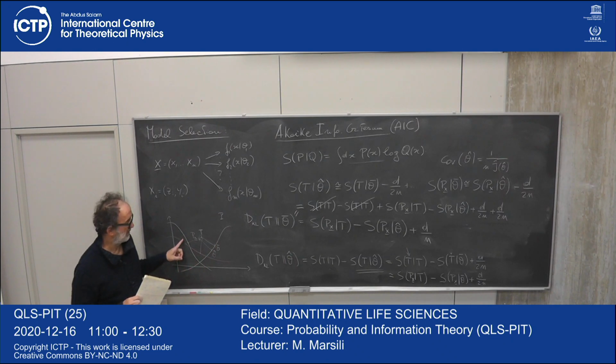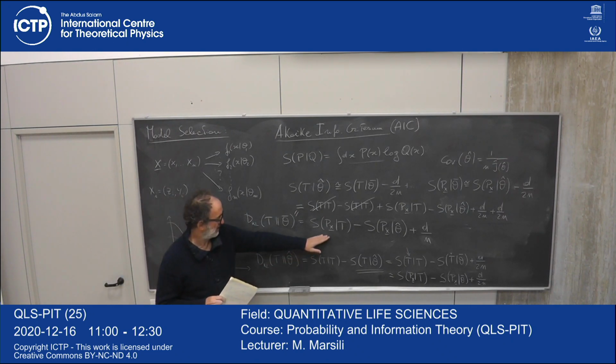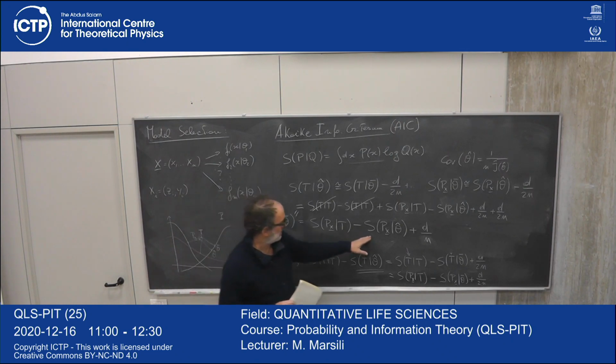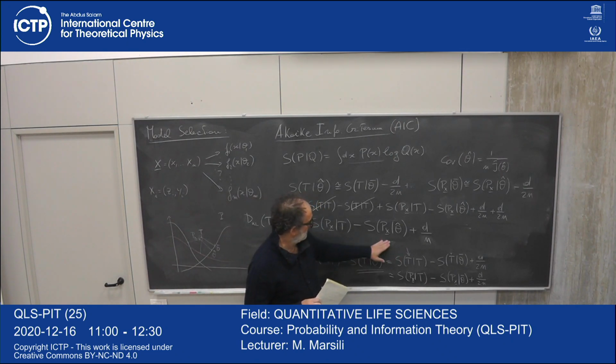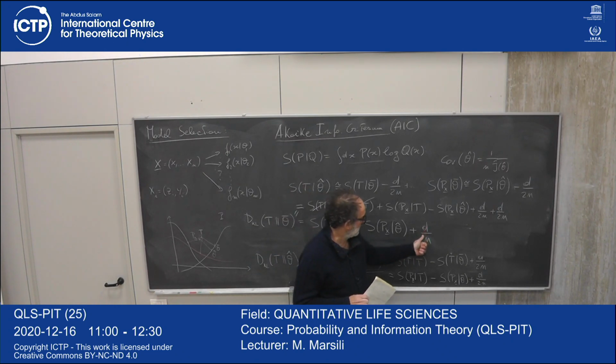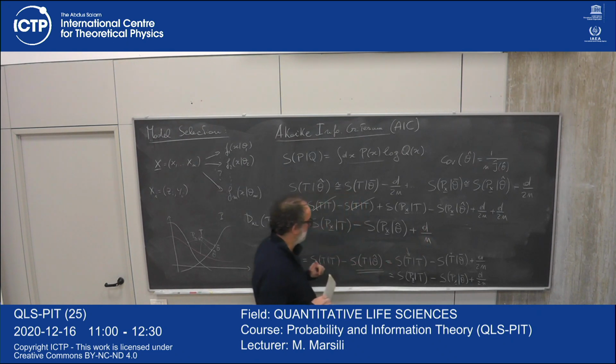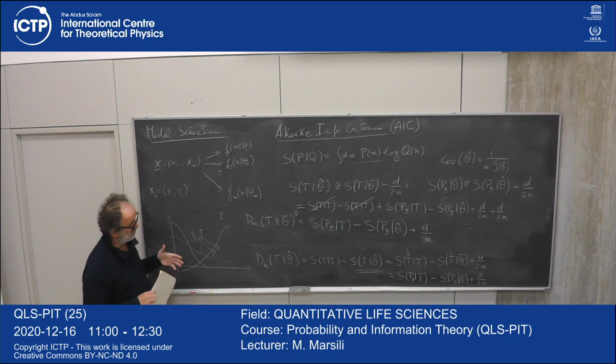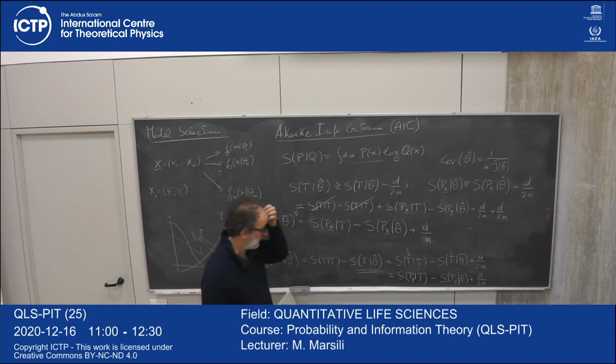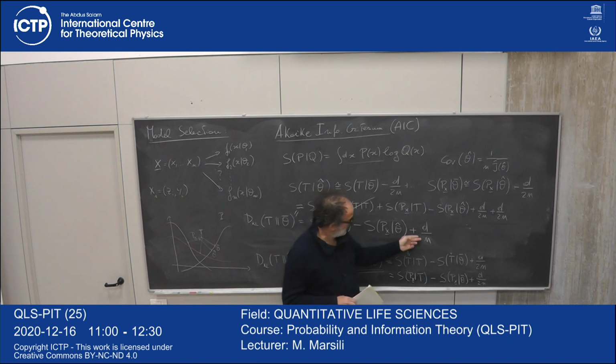You don't care about it. Whereas this term is just minus the likelihood, and this is a constant that depends on the number of parameters d of this particular model. So what this tells you is that in order to find which of these models is the best one, you should just penalize the log likelihood by a term which is d over n. Okay?